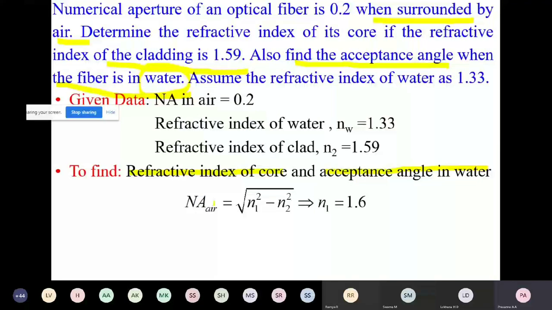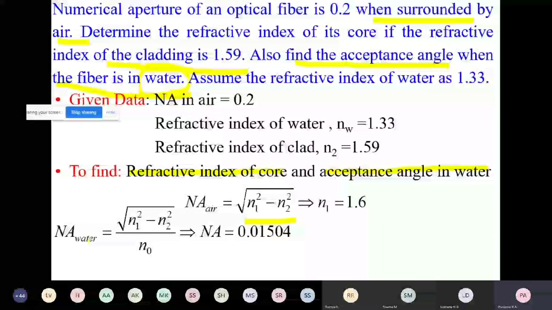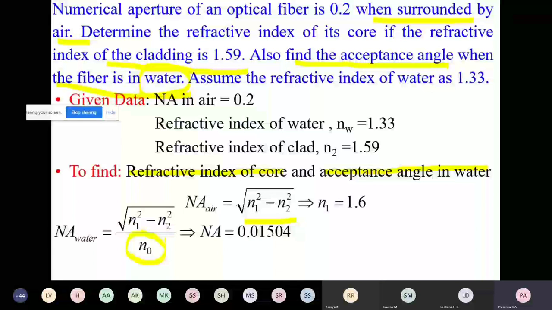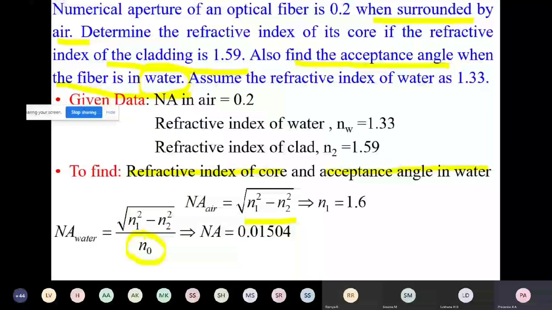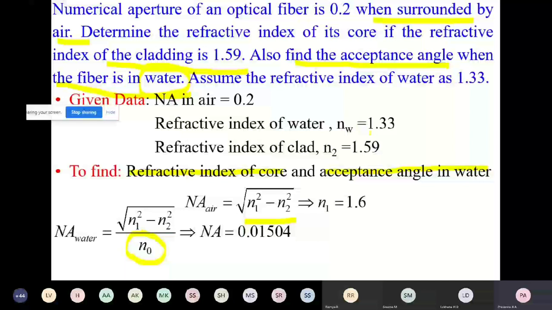So the numerical aperture equation is this. Since it is in air, n0 is not mentioned in this equation. So you will get n1 from this equation on rearranging. And then numerical aperture in water. Since n0 is not equal to 1 for water, I have to consider this in the numerator and denominator. n1, n2. n1 is known from this calculation. n2 is given. n0 is also given. n0 is nothing but nw here, because the refractive index of the surrounding medium is water.